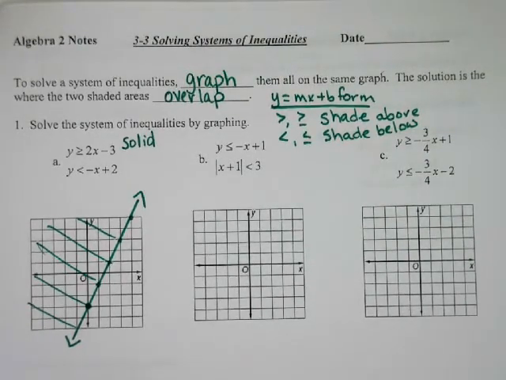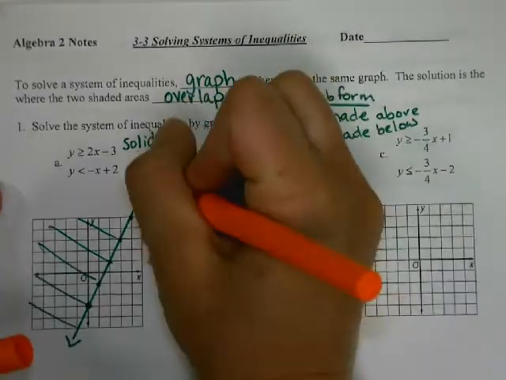Okay, so the second equation says y is less than negative x plus 2. Solid or dashed? Dashed, okay.